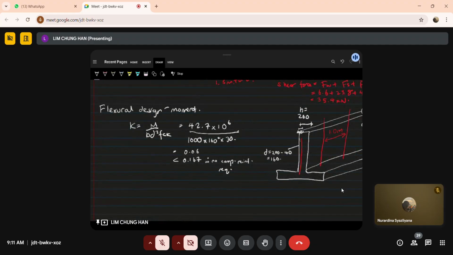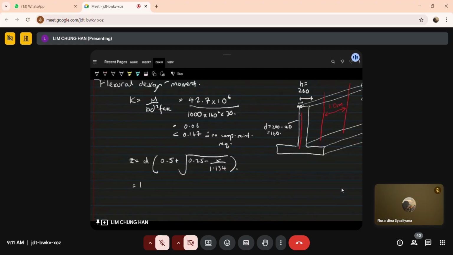Then you can calculate your Z, which is D times 0.5 plus square root of 0.25 minus K divided by 1.134.